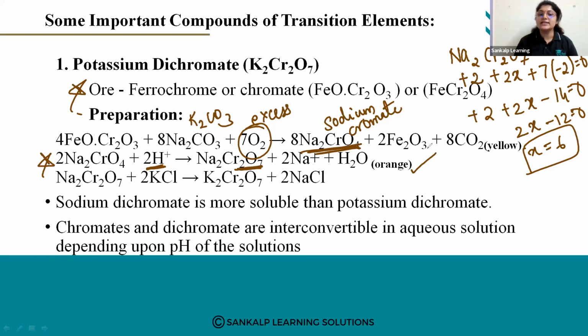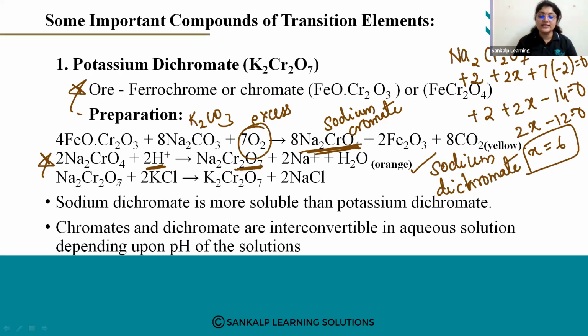In the second step, when you are acidifying the sodium chromate solution, it is converted into orange color. So sodium dichromate is obtained. Sodium chromate is converted into dichromate. So the yellow color solution is converted into orange color.